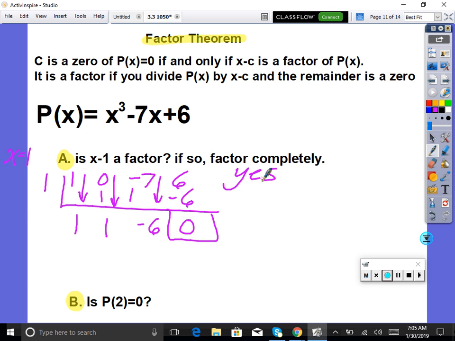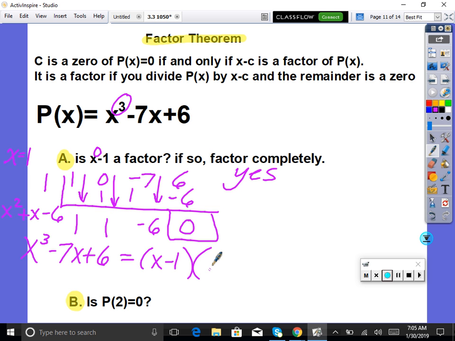Now it says, if so, factor it completely. So what do we know? Well, we know that it's true that x cubed minus 7x plus 6 is equal to, this was a factor, so we have an x minus 1, don't we? And then we just got this new polynomial, which was degree 3 divided by degree 1 is degree 2. So this came out to be x squared plus x minus 6.